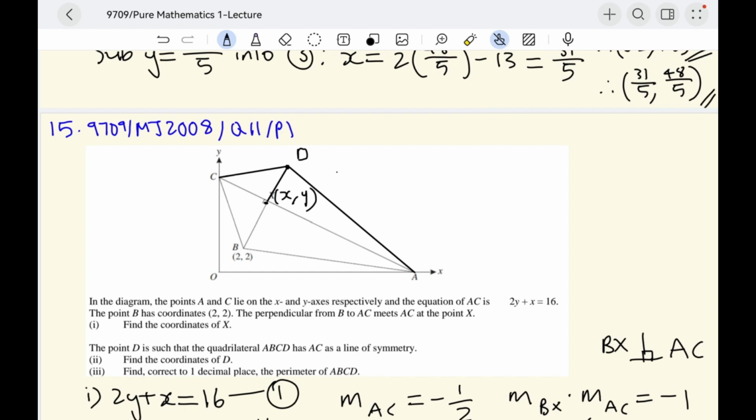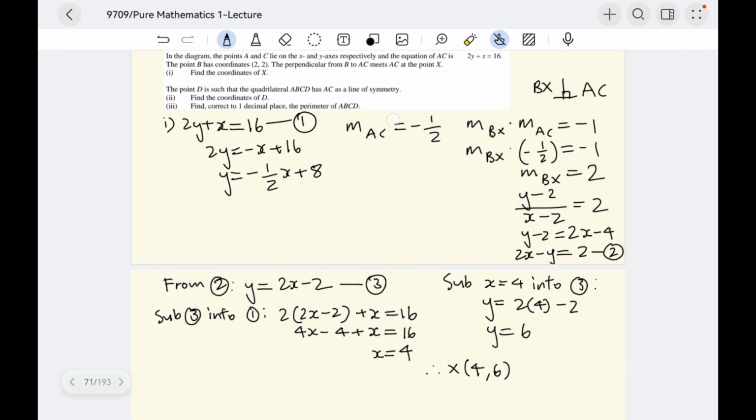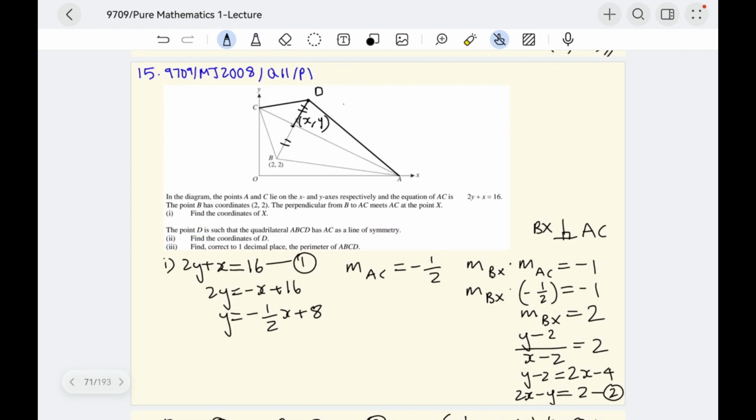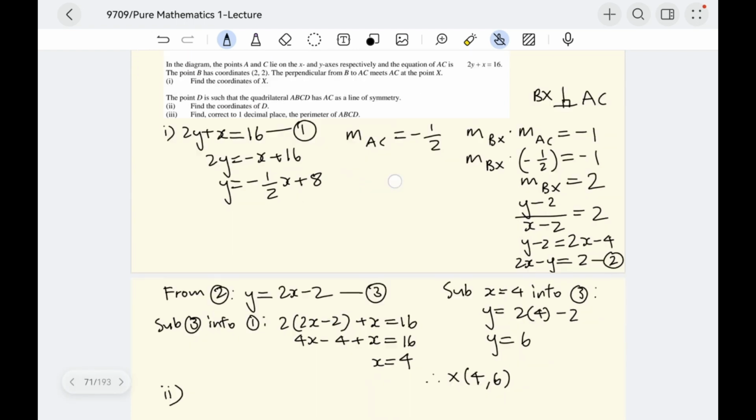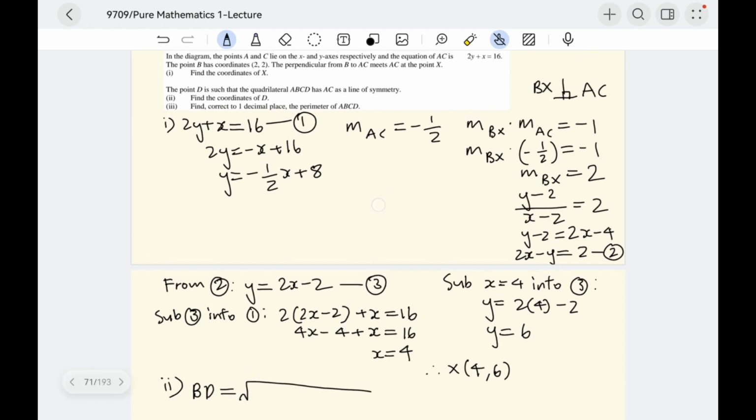It means that the distances BX and XD are the same. So you have to find the distance of BX first. How to find the distance of BX? By using the distance formula from the Pythagoras theorem.